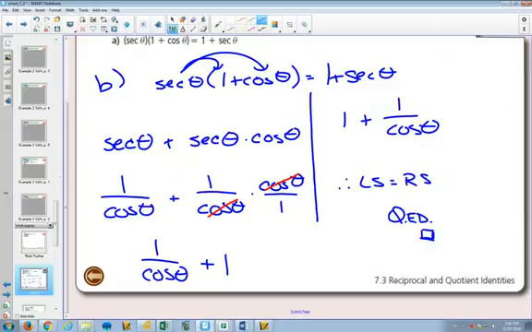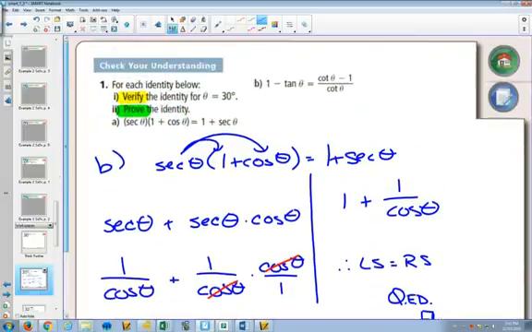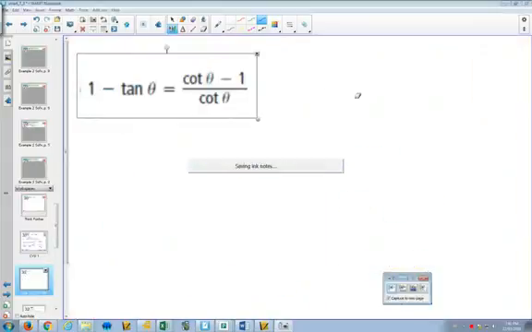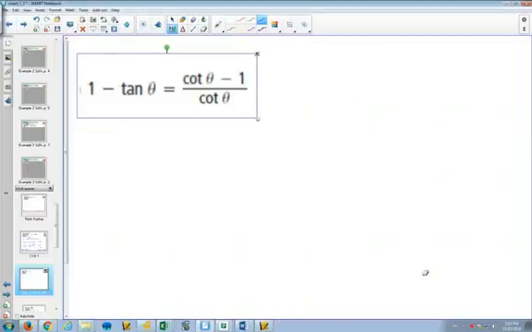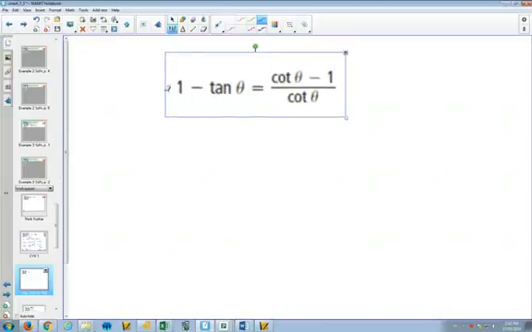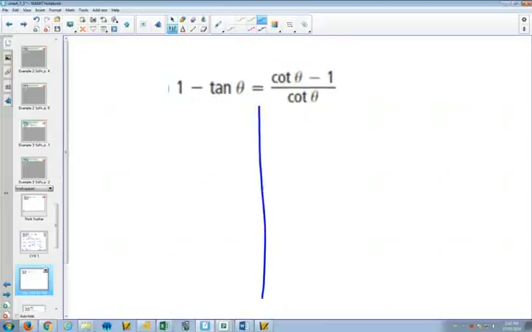So sometimes you're going to be asked to verify and plug in a value and get them to look the same. Sometimes you're going to be asked to prove it. So if we look at our second question. Move this right in the middle, split it up here, and we're still verifying it for when it's equal to 30 degrees.